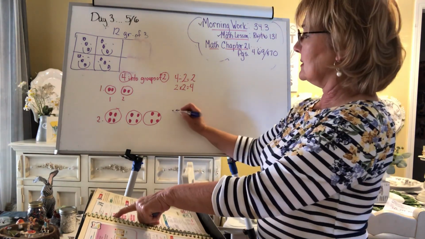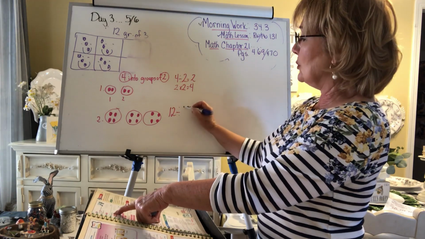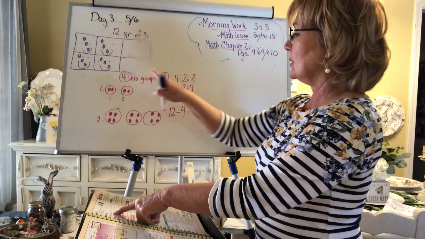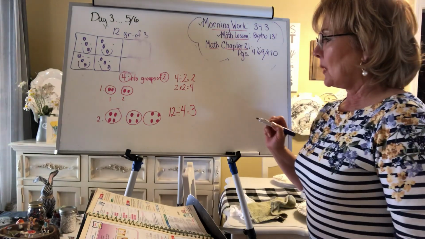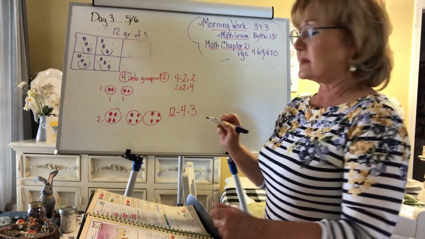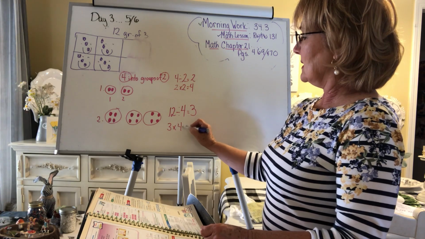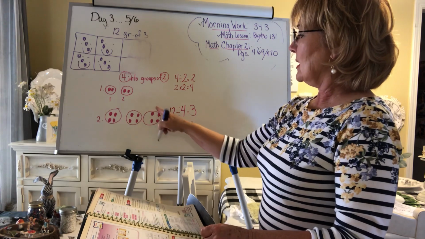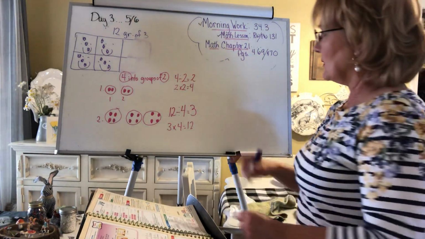The big number, 12, divided by how many you put in each group equals 1, 2, 3. 3 groups. Okay? What is your matching multiplication sentence? 3 times 4 equals 12. You've got 3 groups of 4. You have 12 altogether. Okay?